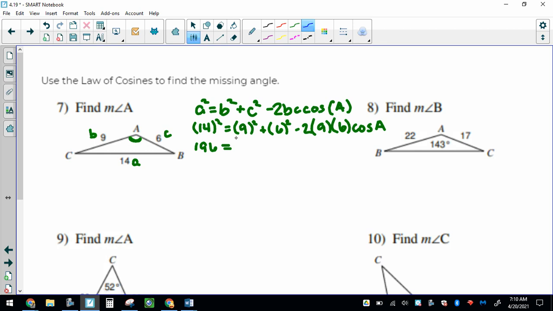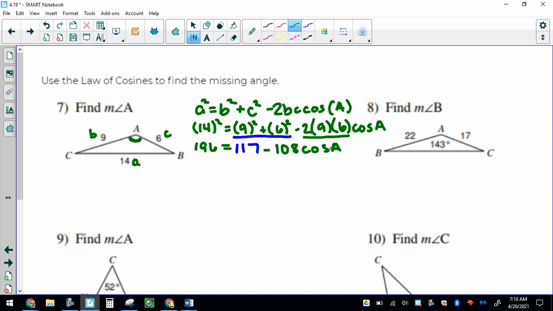We can do this bit, 9 squared plus 6 squared, which is 117. And I can even do the 2 times 9 times 6, which is 108. So minus 108. I don't know what cosine A is yet.